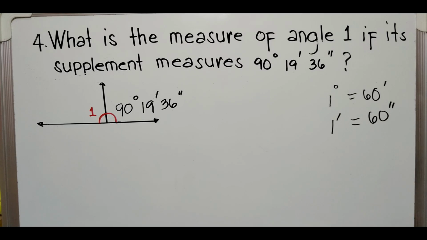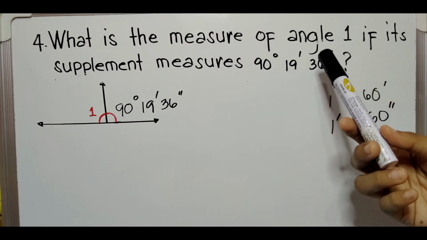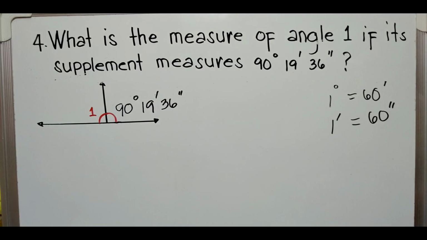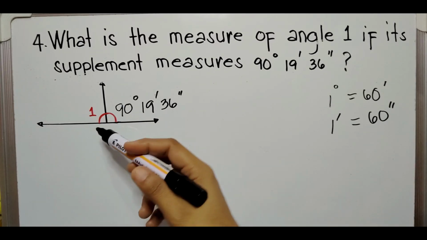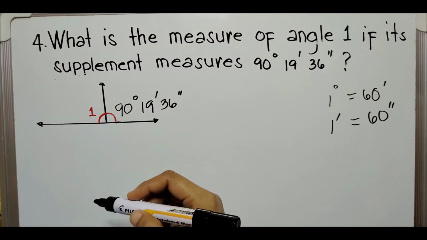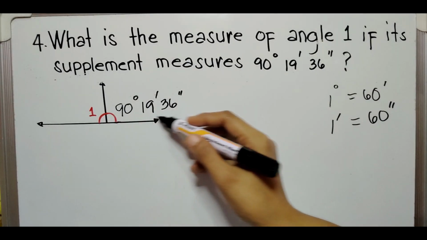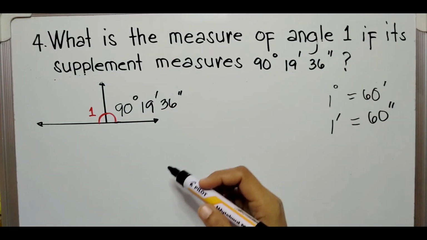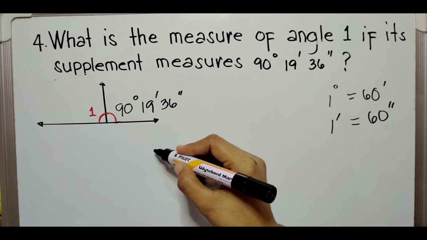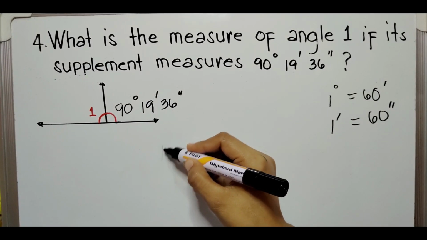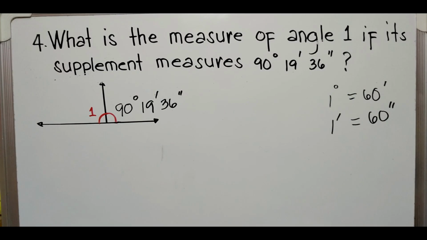Going back to the question, we are going to find the measure of angle 1 given this one. So we already encountered finding the supplement of an angle, am I right? So to find angle 1, we will just take the shorter way by subtracting the given angle from 180 degrees, since they are supplementary.